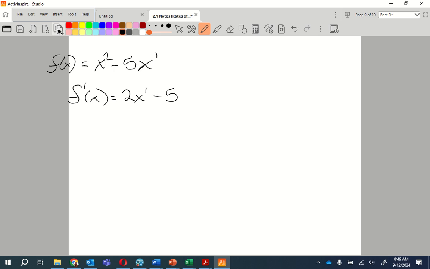But what did I say to do with that exponent? Minus 1, right? I'm going to subtract 1. What is 1 minus 1? Anything to the 0 power is 1. Okay, that's important. So it's going to be 1 times negative 5.